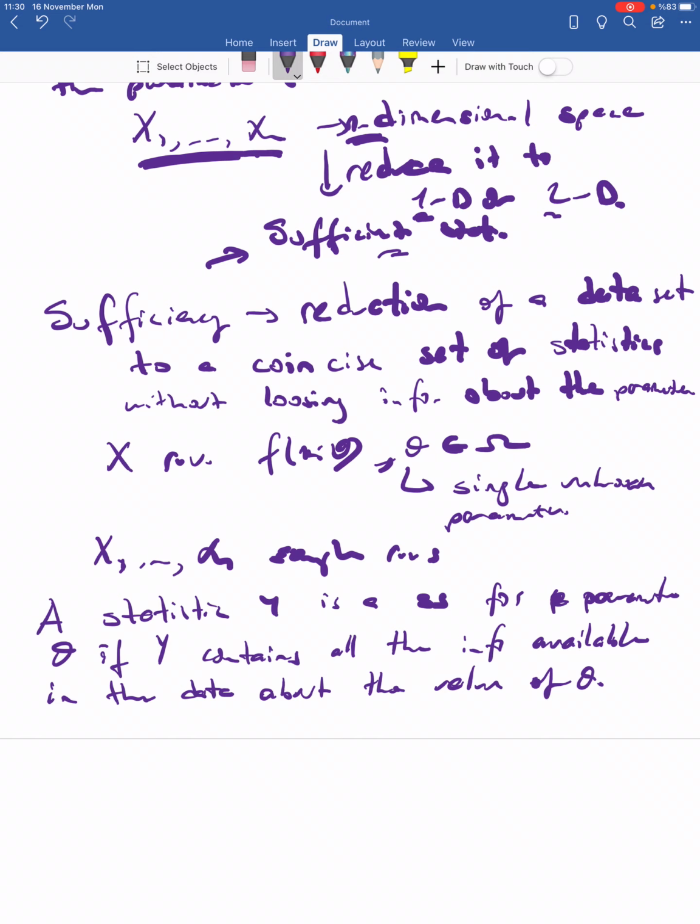Okay, so consider that we have a statistic that has all possible information. So when we know the value of y, there will be no more information left in the sample. It has all the information inside.